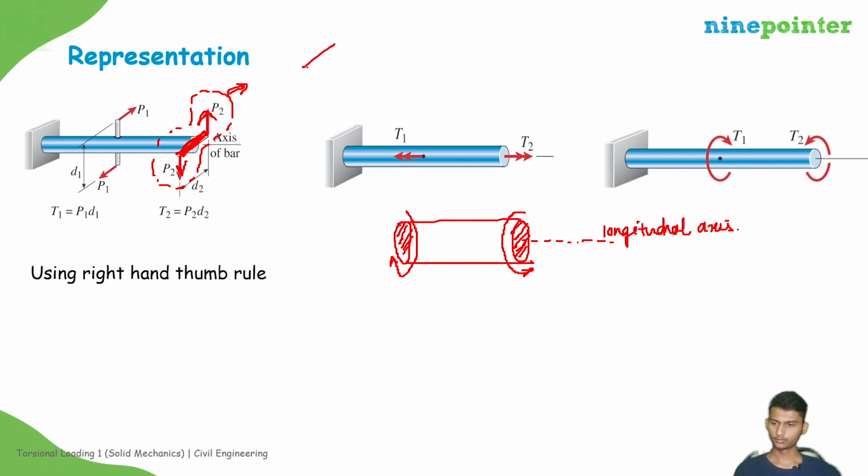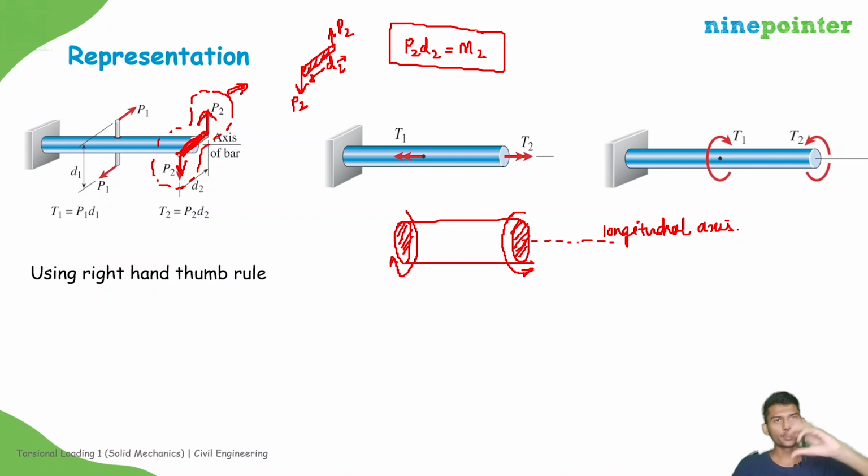If you take this member, it is in force equilibrium, but this is D2, so it is creating a moment P2 into D2, M2, right? This moment is restricted by this connection to the rod.